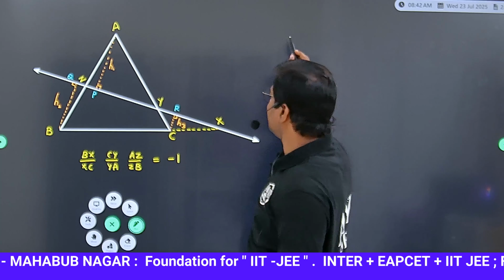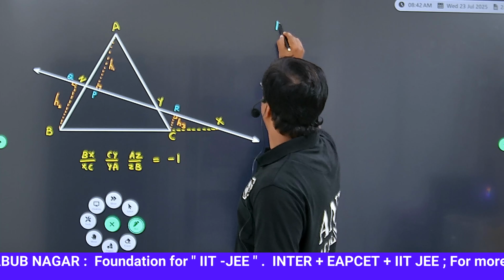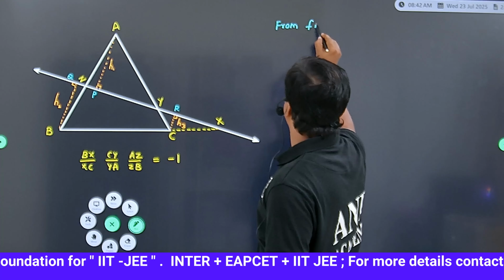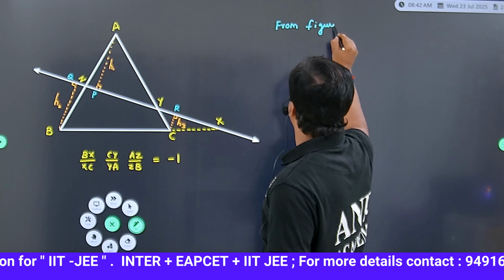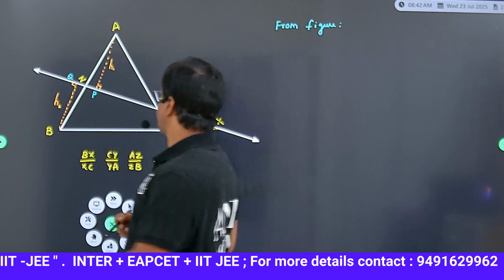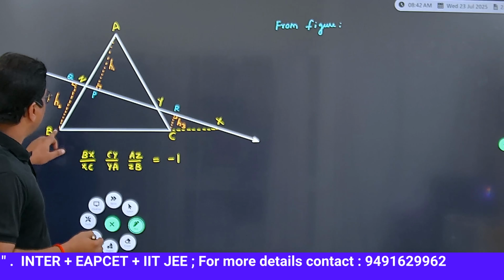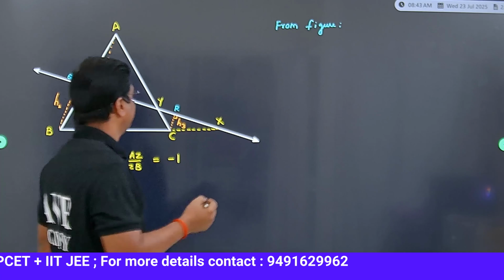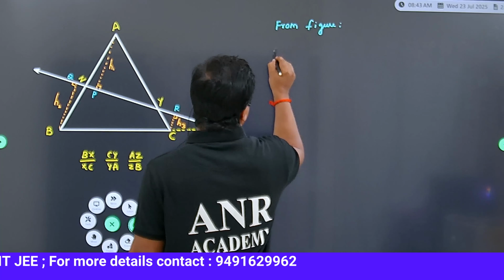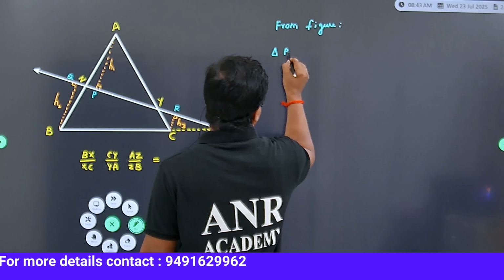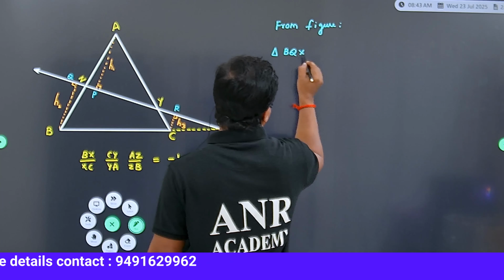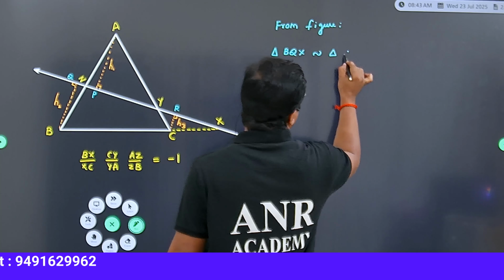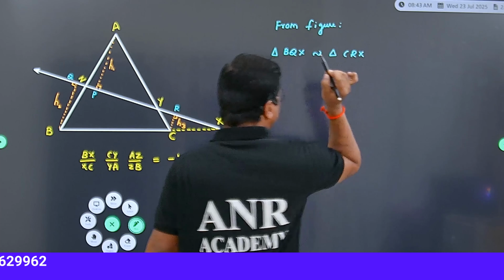What I am saying, from figure it is very clear that first the triangle BQX I am writing, then CRX. Triangle BQX is similar to triangle CRX.